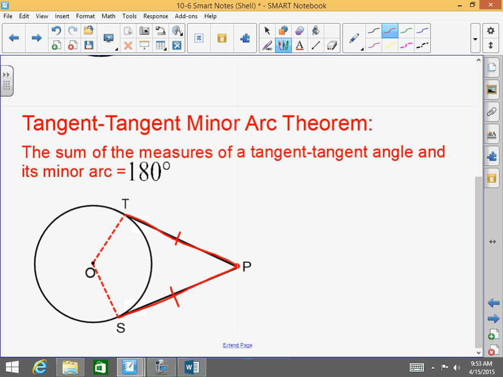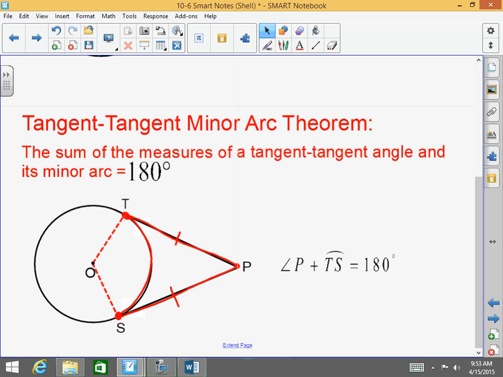What we're learning now is we know that TS is a minor arc. How do you know it's a minor arc, Mr. Morrow? Because a minor arc is less than 180. Now we know that arc TS plus angle P will equal 180.